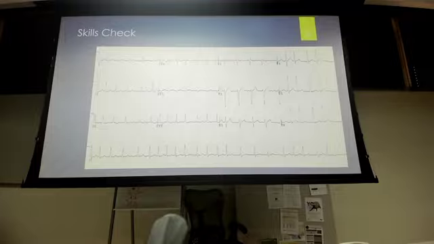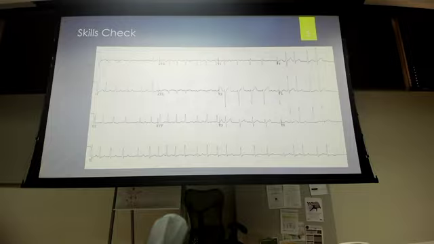Atrial fibrillation. Because we can see it's irregular, and maybe that's a P wave, but they're not really clear P waves. If you look at V1, 2, 3, and aVF, those are going to be your best leads to see those fibrillatory waves.